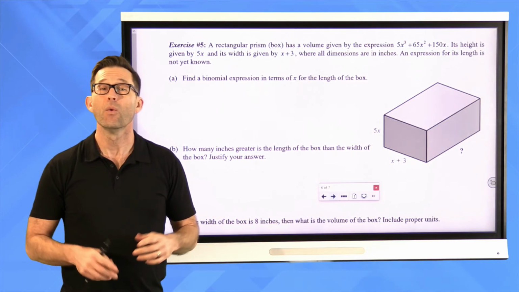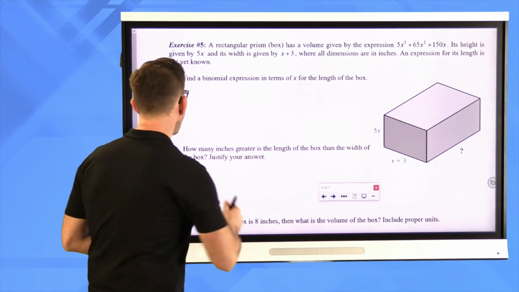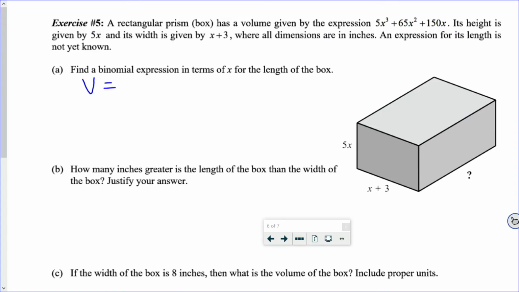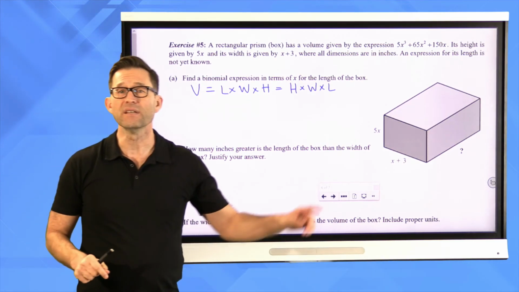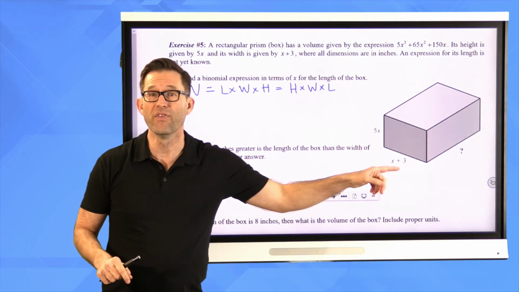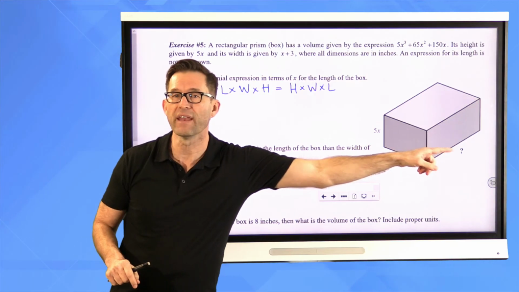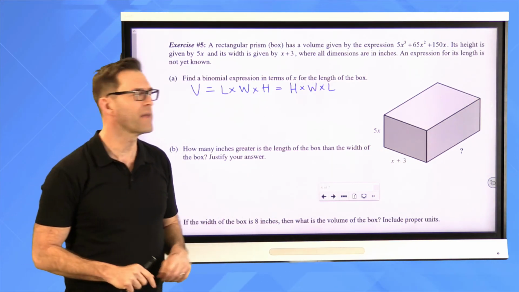All right, well, keep in mind that the volume of any box is length times width times height, or I could rearrange this and say it's height times width times length. In other words, the volume of a box is the product of this, and whatever that is that's missing. Let me write that volume down.